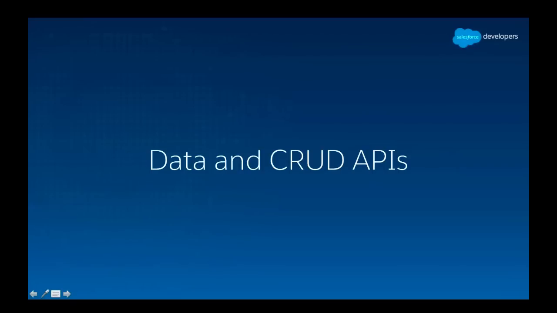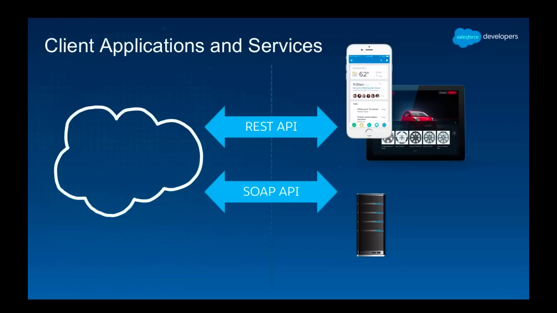Now, let's talk about data and CRUD APIs. All right. Now, the two core ones of these are the REST API and the SOAP API. And traditionally speaking, we talked about the REST API as being the sort of app client API. That's really what it was designed for. And it grew up around the time that REST APIs and REST-based resources were also growing up.